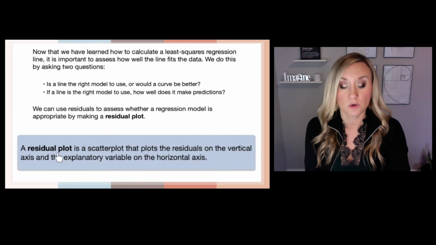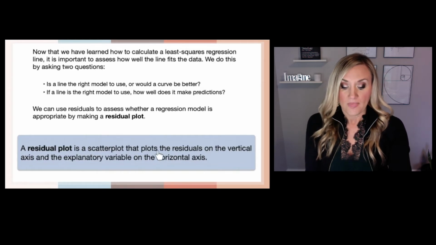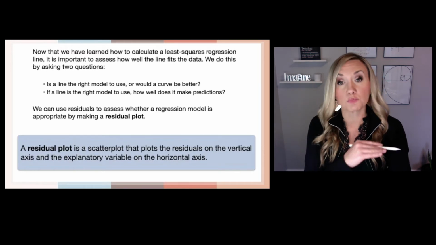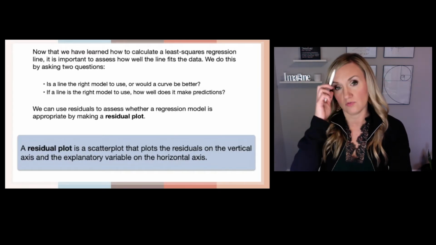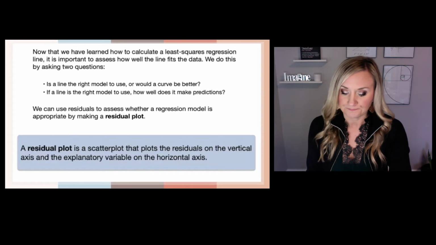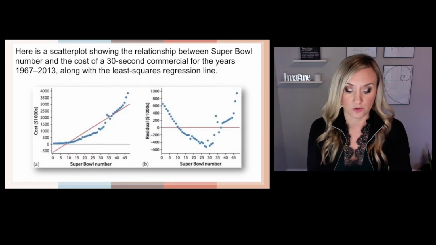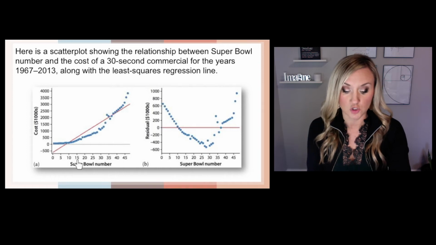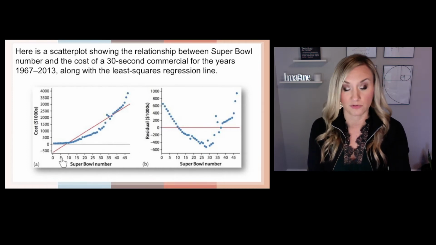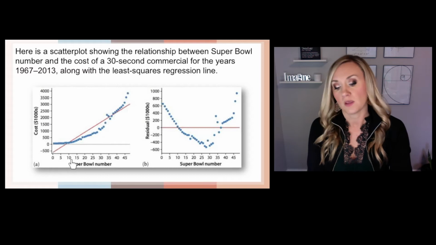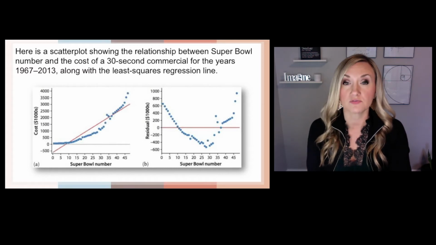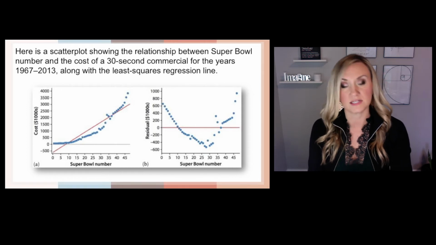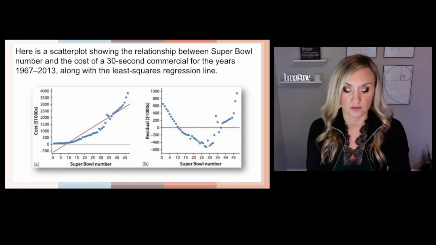A residual plot is a scatter plot that plots the residuals on the y-axis and the explanatory variable on the x-axis. So here is a scatter plot on the left that shows the relationship between the Super Bowl number, so this is like Super Bowl number 5, Super Bowl number 10, along with the cost of a 30-second commercial for the years 1967 to 2013.